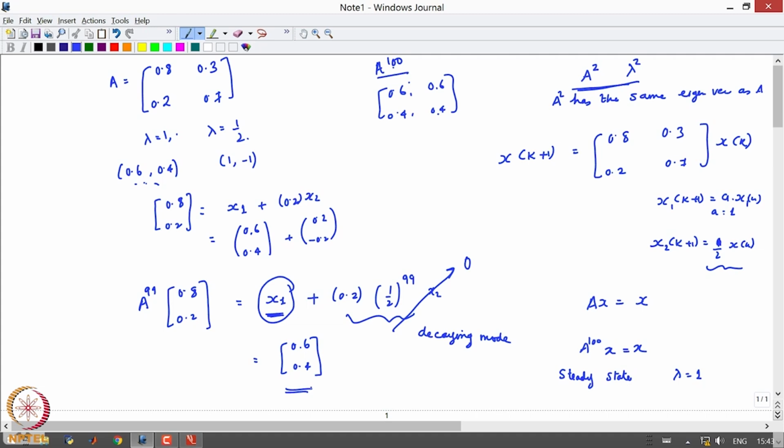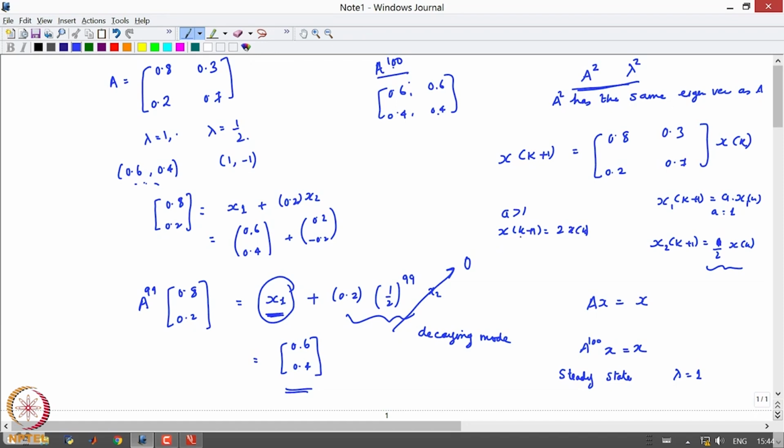Okay. Now, what happens for some other values, right? We just assumed things were very nice here, but what if this number a is greater than 1, if xk plus 1 is say 2 times xk, then you grow exponentially.